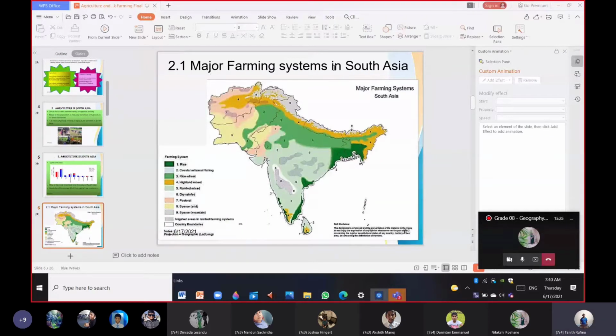Next are the major farming systems in South Asia. The graph I showed you above is mapped in here. The color you can see in dark green is rice, and the light green is rice and wheat. Likewise, there are 9 major farming systems in South Asia.